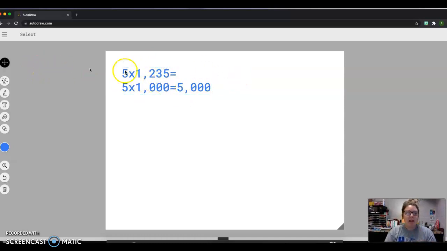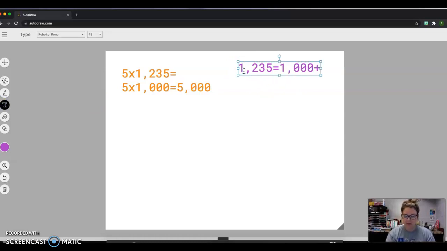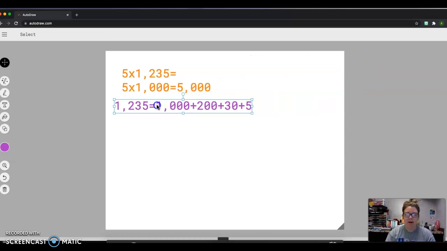So let's go ahead and write 1,235 in expanded form. Oh, wrong color. All right, so we will change that. We know 1,235 actually equals 1,000 plus 200 plus 30 plus 5. Okay, I'll put it right here so we can see better.